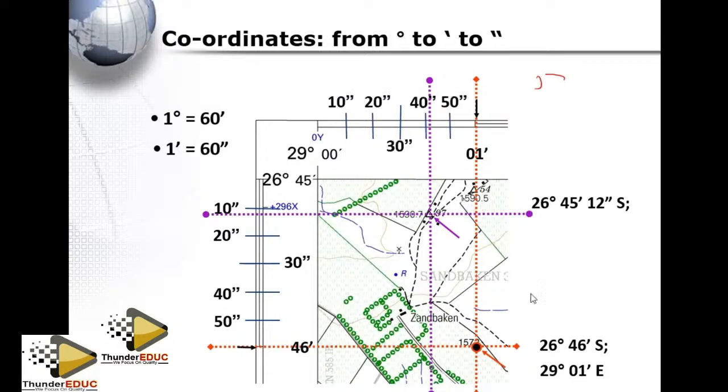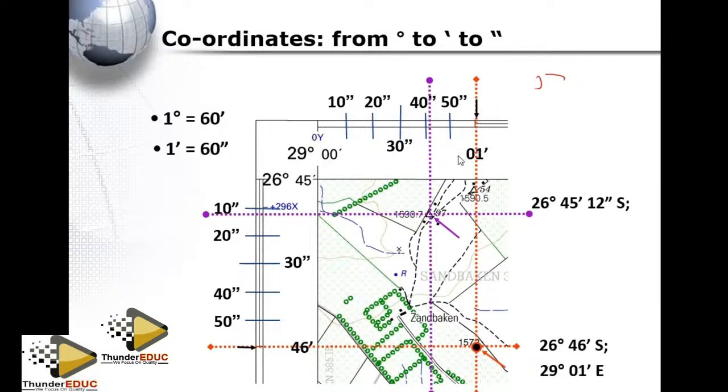Okay, meaning that from here is 0. So the 0 is here. 10, 20, 30 is here. 40, 50, 60 is here. And remember, when it reaches 60, the number changes. So it was 0 minute, 10 seconds, 0 minute, 20 seconds, 0 minute, 30 seconds, 0 minute, 40 seconds, 0 minute, 50 seconds. Instead of saying 60, we say 1 minute.